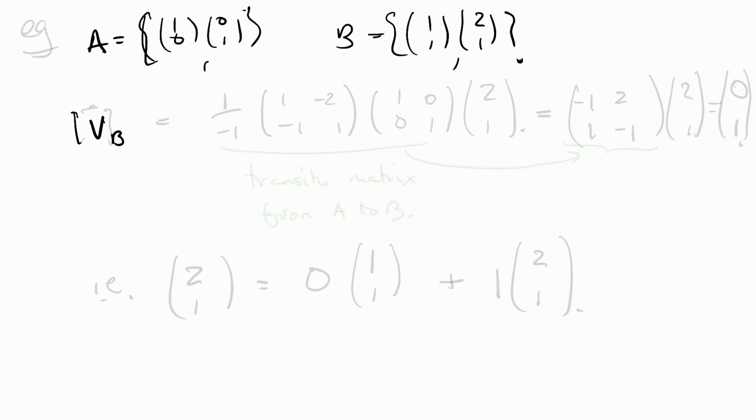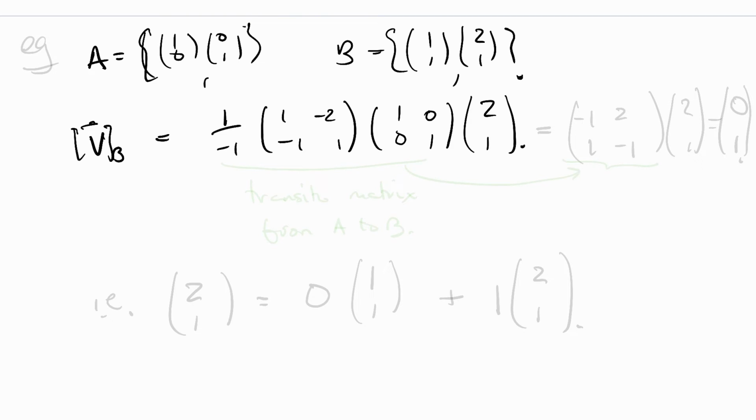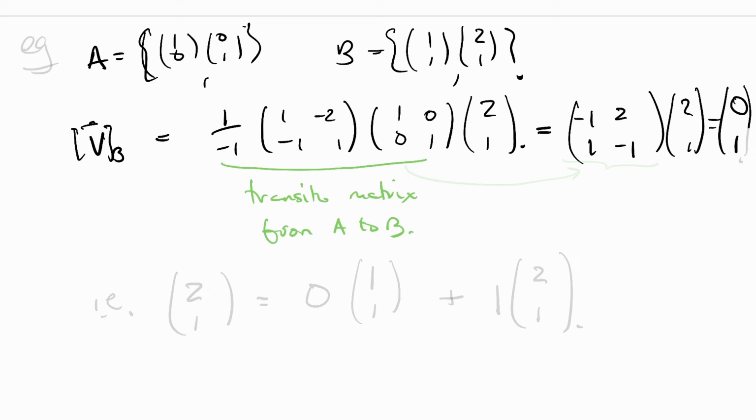So V_B, the coordinate vector with respect to B, is going to be the inverse of the matrix B times the matrix A times the coordinate vector with respect to A. This is the transition matrix from A to B. This is equal to -1, 2, 1, -1, times 2, 1, which is 0, 1.